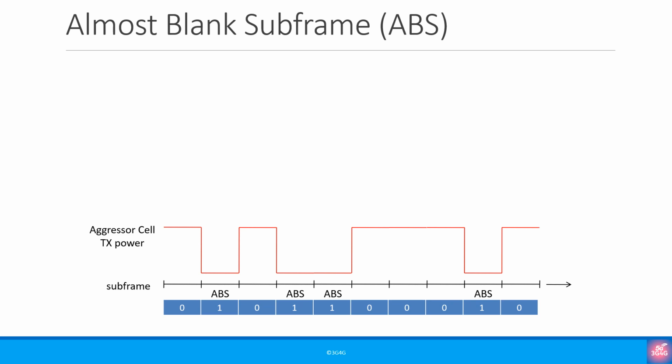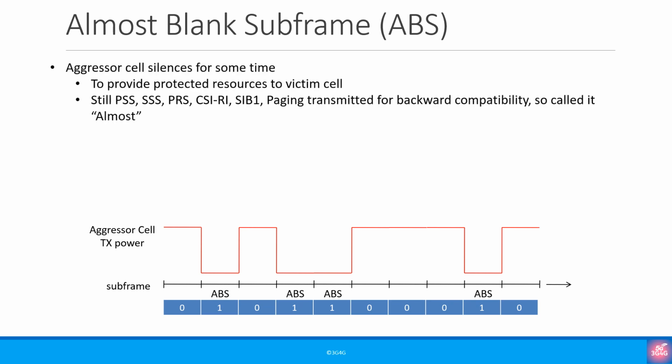Let us start with the concept of almost blank subframe. As part of ABS, the aggressor cell silences for some time to provide protected resources to the victim cell. It will still have to transmit PSS, SSS, PRS, CSI-RS, SIB1, paging, etc. for backward compatibility.